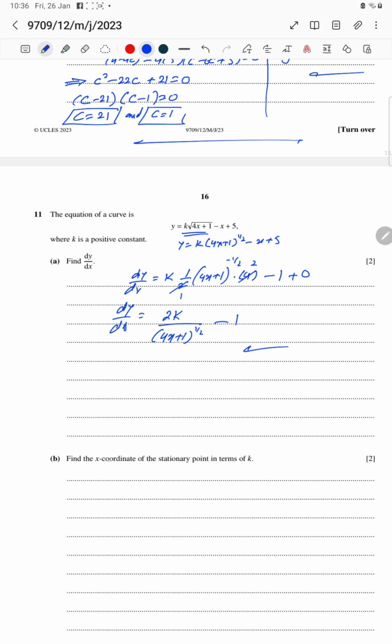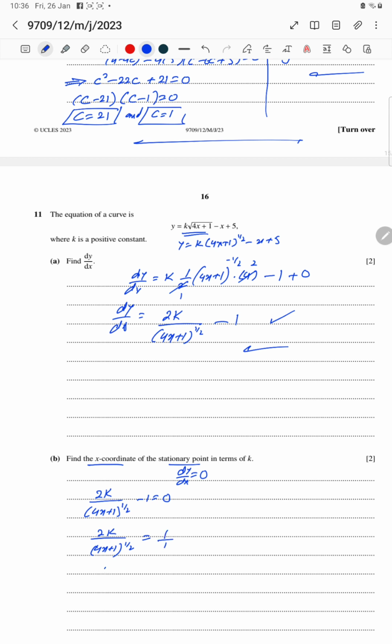I hope it's clear. The x coordinate of the stationary points. For the stationary point, we always find dy by dx and equate it to 0. Already in the first part, we have calculated dy by dx. That is 2k over (4x + 1)^(1/2) minus 1 equal to 0. So 2k over (4x + 1)^(1/2) equals 1.